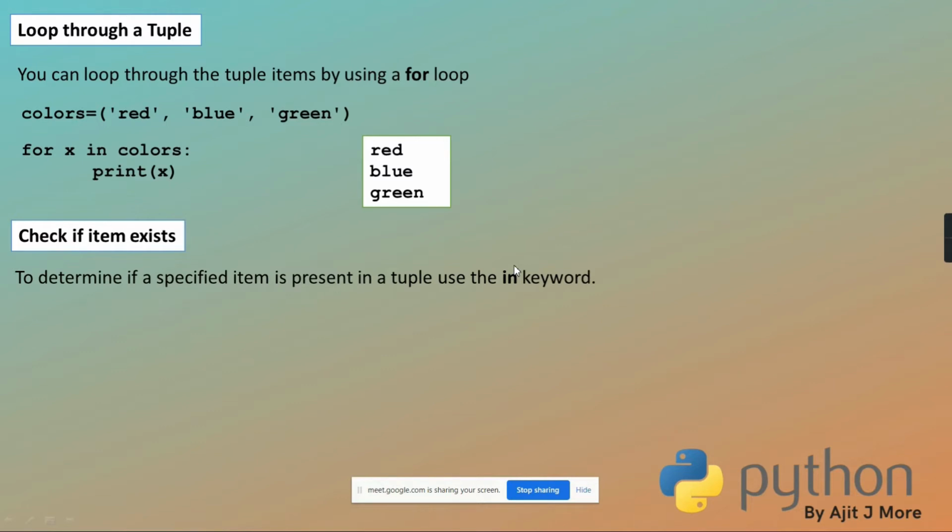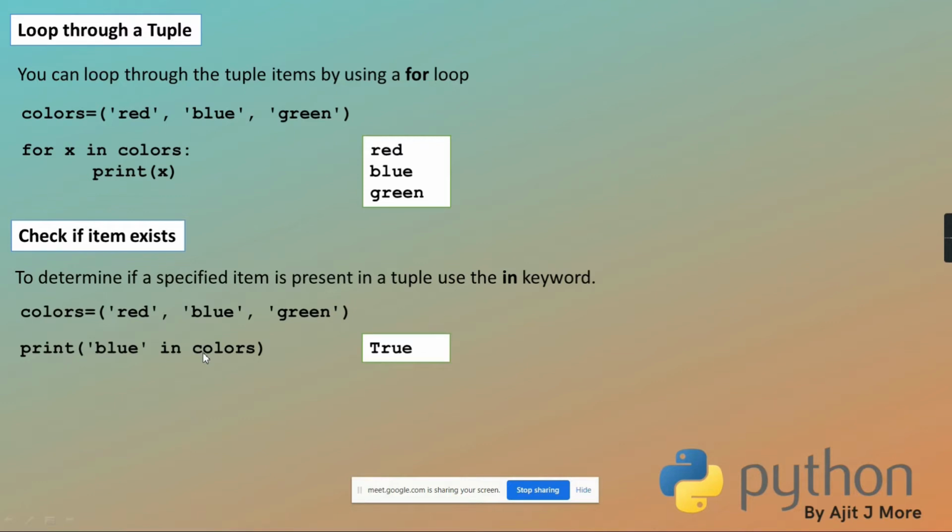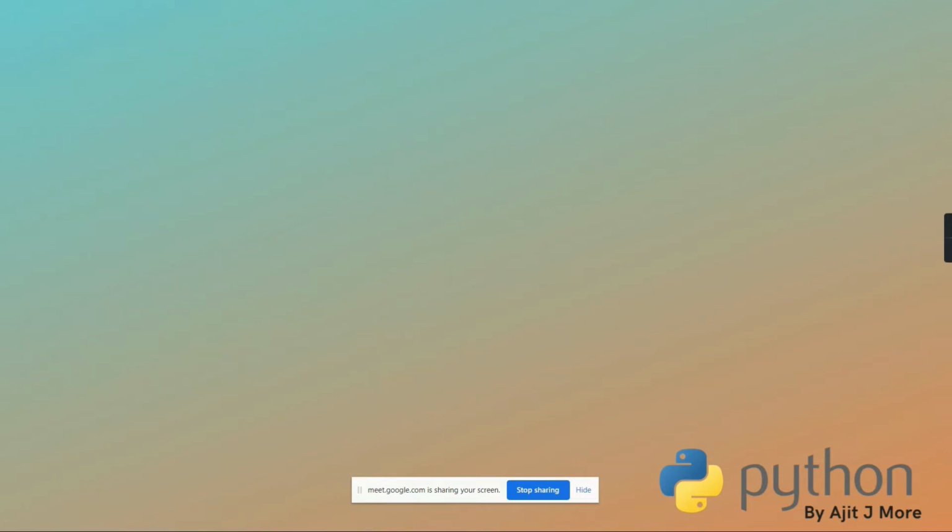Example, this is our colors tuple and I'm checking whether blue is present in colors. Yes, blue is present, therefore it returns true. If you are checking pink in colors, pink is not present, therefore it returns false. Hope till here it is clear to you.